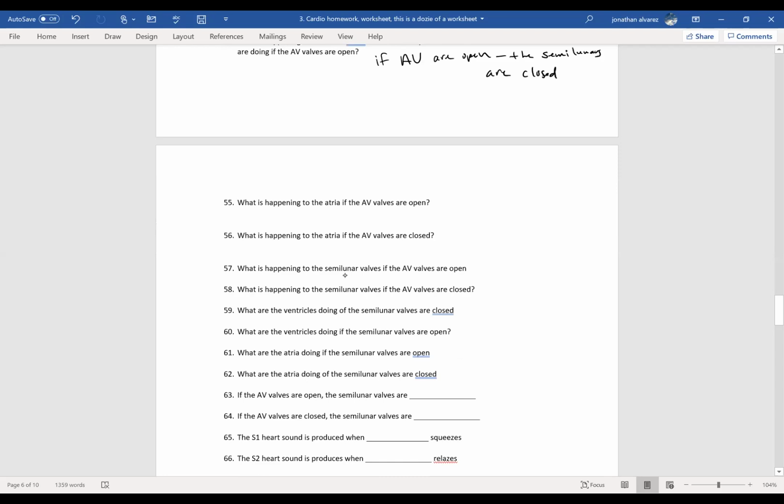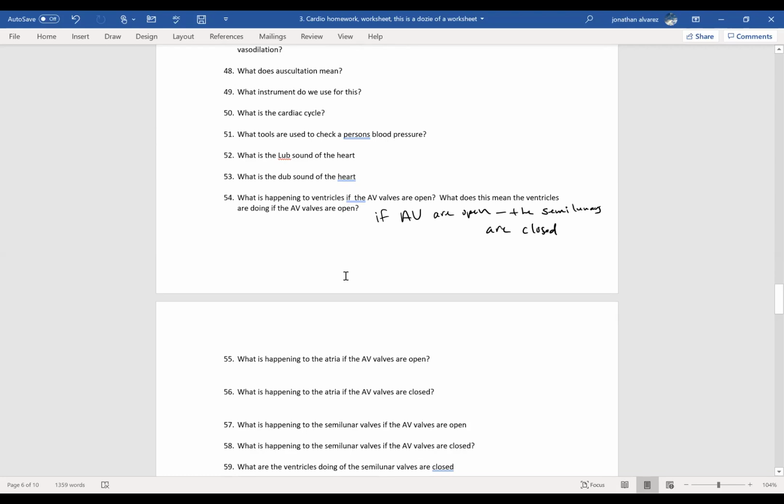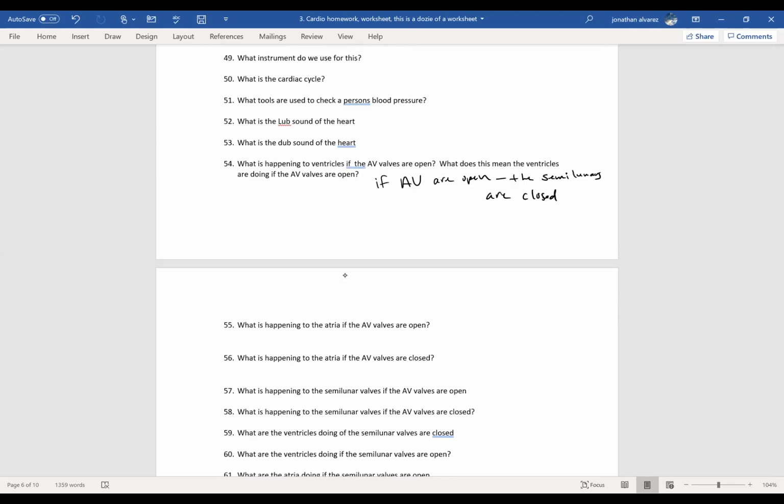Okay, let's just go through these. What is happening to the ventricles if the AV valves are open?